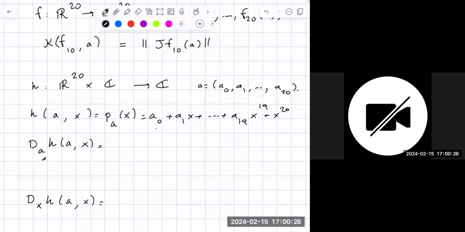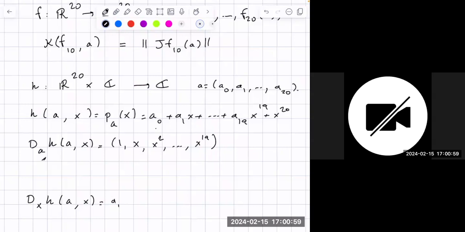So what's the derivative with respect to A0? It's just right here, it's going to give you 1, right? What about A1? It's going to give you whatever that x is. Then x squared, and so on up to x to the 19. This is this derivative. How about the derivative with respect to x? Now everybody is going to get involved except the constant term.